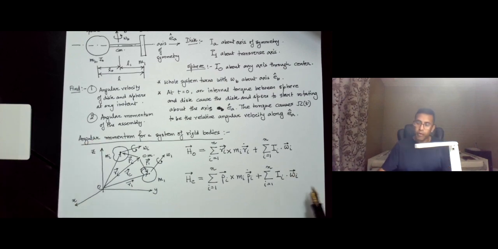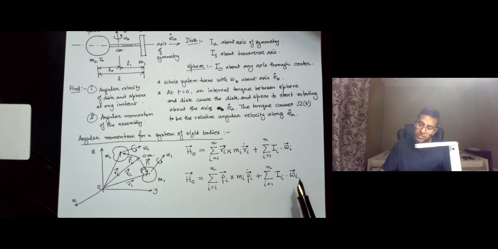So this is the formulation of the angular momentum of the system of rigid bodies about the system's center of mass, and you can see the only change over here is the vector Ri getting replaced by rho I, where rho I is the vector going from the center of mass to the ith rigid body.